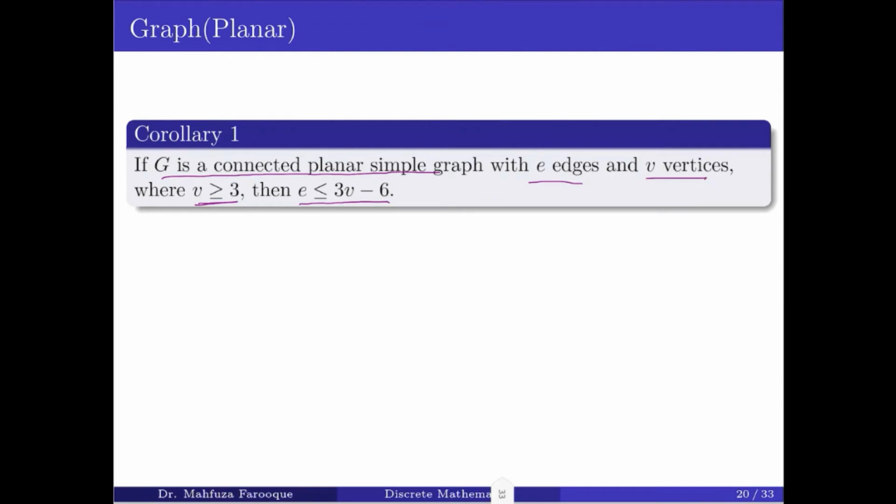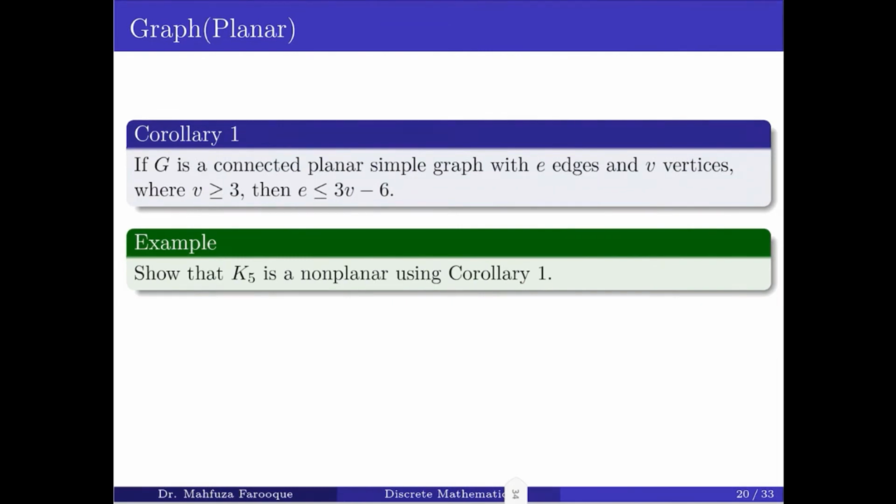Based on this corollary, we can say that K5 is not a planar graph. Here it is mentioned that K5 is a non-planar graph using corollary 1. It is also important to mention which corollary we are basing this decision on. We can try to find whether it is true or not. We know that for K5, the number of vertices is equal to 5 and the number of edges is equal to 10.